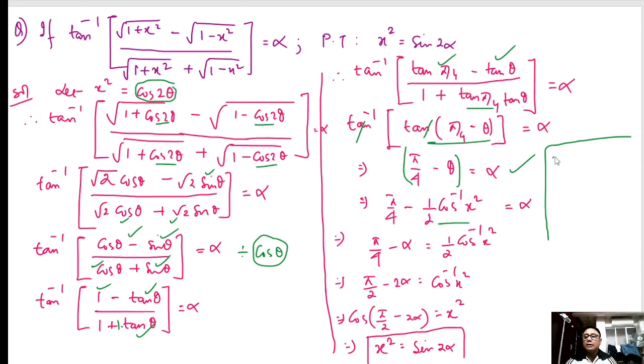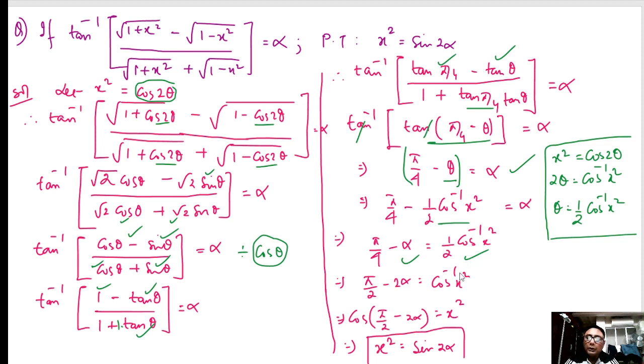We have taken x square as cos 2 theta, so 2 theta will be cos inverse x square, so theta will be half cos inverse x square. So using that, instead of theta we are using half cos inverse x square. So pi by 4 minus alpha is this.